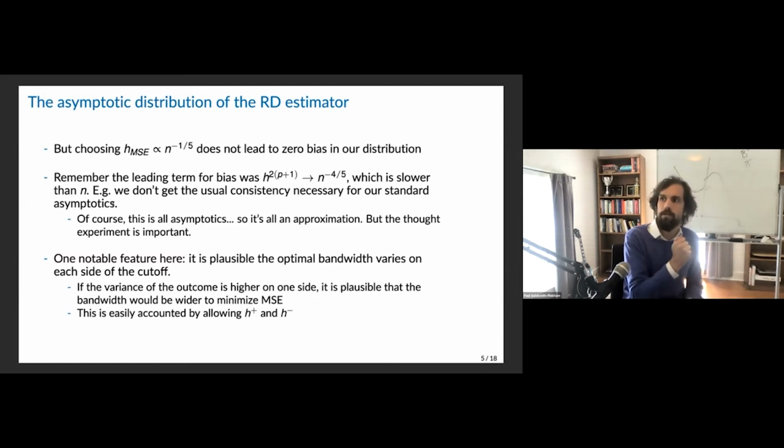It's basically picking too wide of a bandwidth, such that you are, relatively speaking, having too much bias, such that you have a bias term in your asymptotic distribution for your estimator.